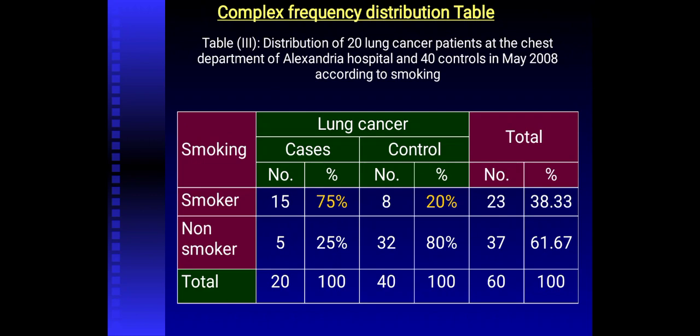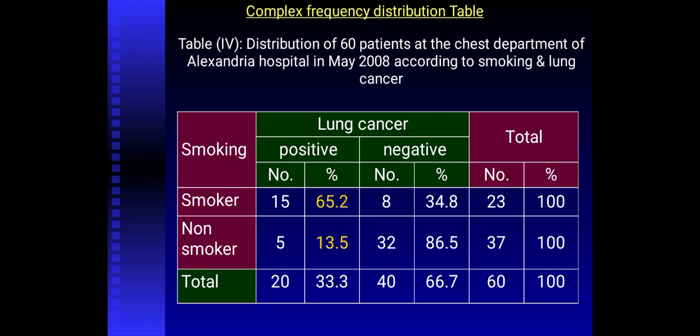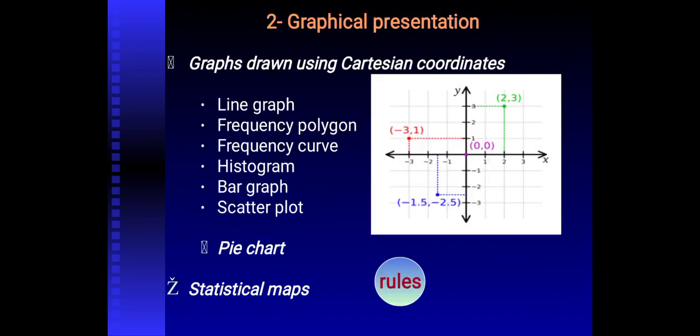Here, smoking, lung cancer cases are compared with control and also total. Like that, if the data is presented in a complex form, it is called a complex frequency distribution table. This is also an example for a complex frequency distribution table.